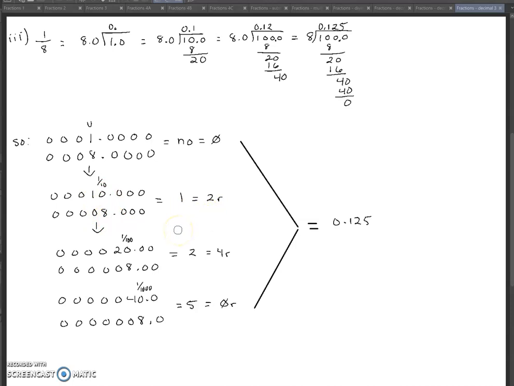Now again, this is just something created. But now we're moving it over, we're dealing with the hundredths. Do we have a 1-to-1? Yes, it goes in twice, there's 4 remaining. Move it over, do we have a 1-to-1? Yes, we do. 5, 0 remaining, 0.125.